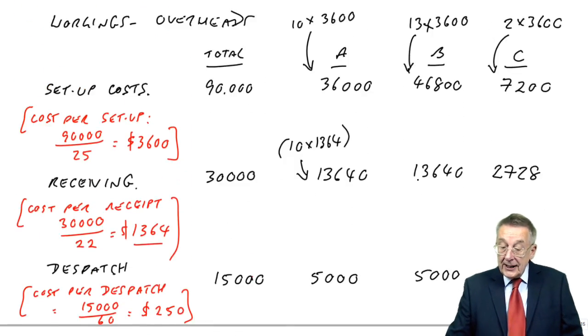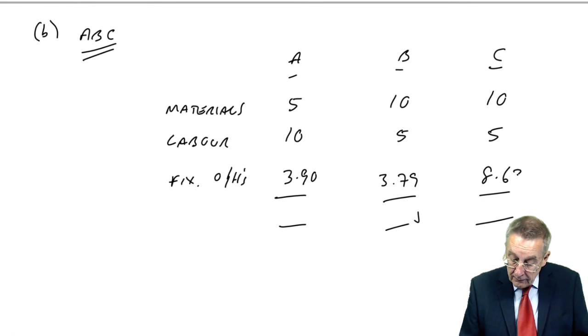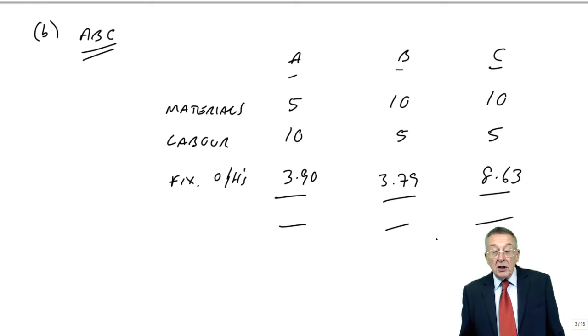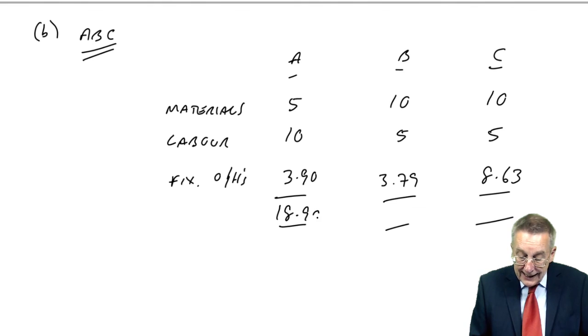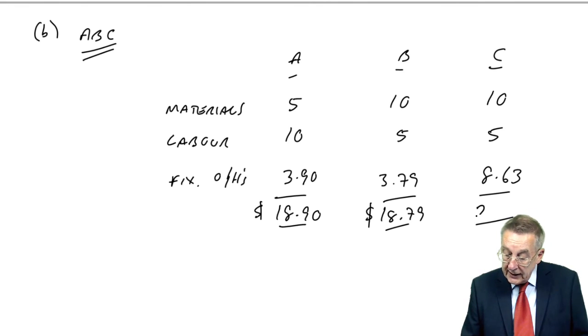C was 863. And therefore, the total cost per unit now, A comes to $18.90. B comes to $18.79. And C comes to $23.63.